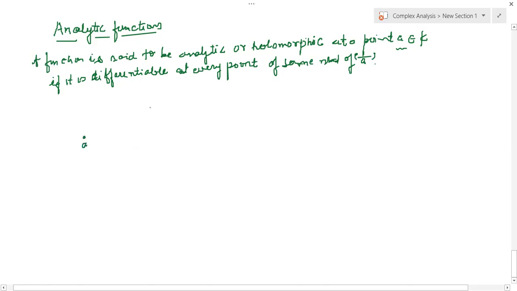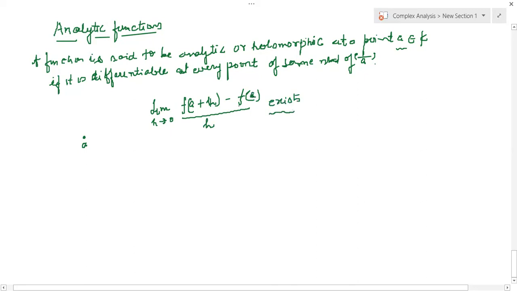When I say the function is differentiable at A, it implies that the limit as h tends to 0 of f of A plus h minus f of A divided by h must exist uniquely. So it must be a path independent limit.